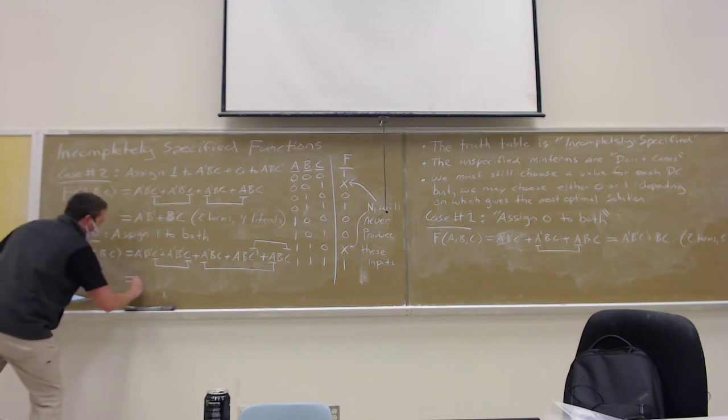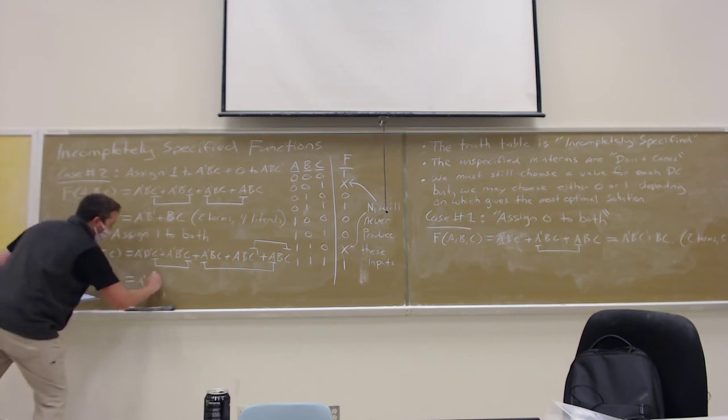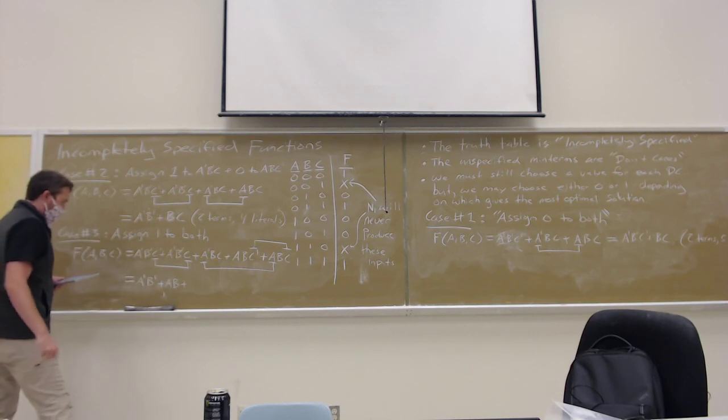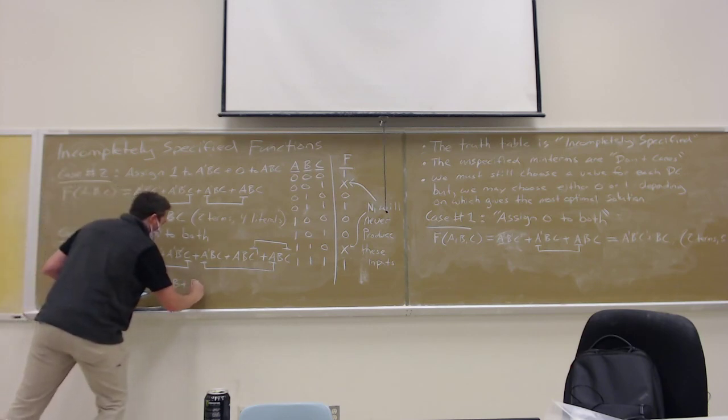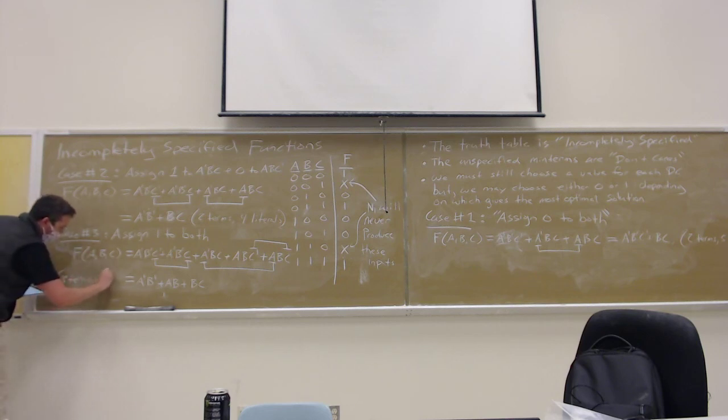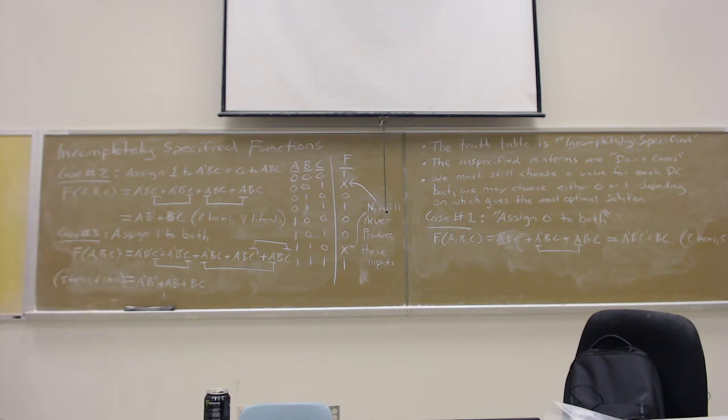And that's going to leave us with A prime, B prime, or AB, or BC, which has 3 terms and 6 literals. And we won't do the fourth one, just because I don't want to.